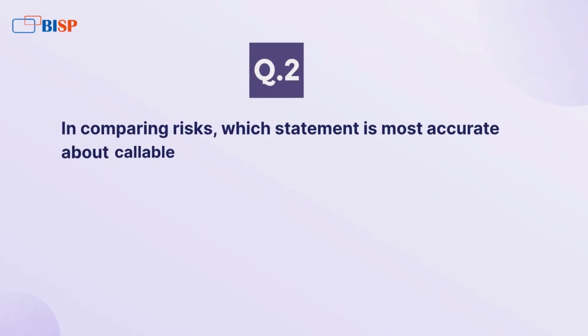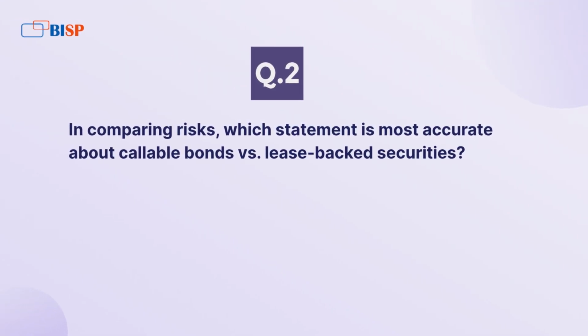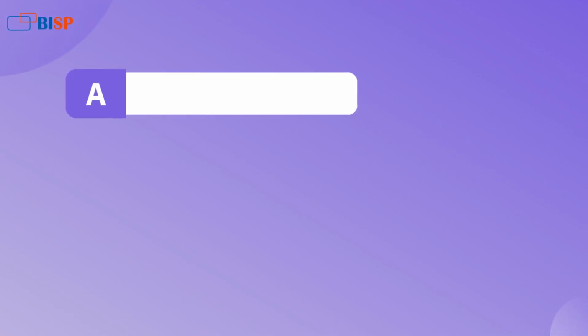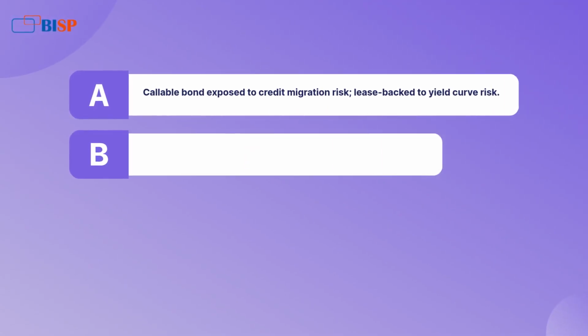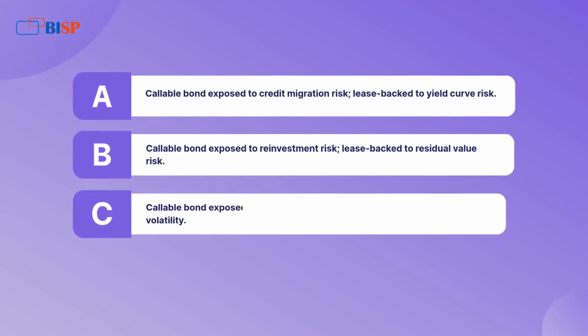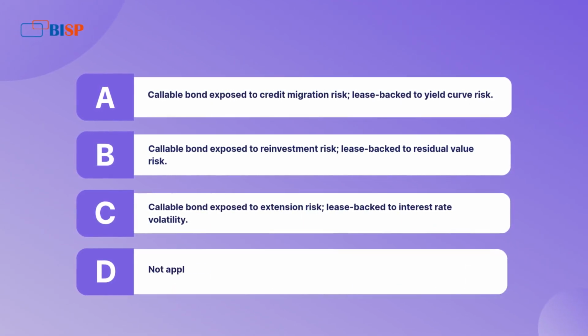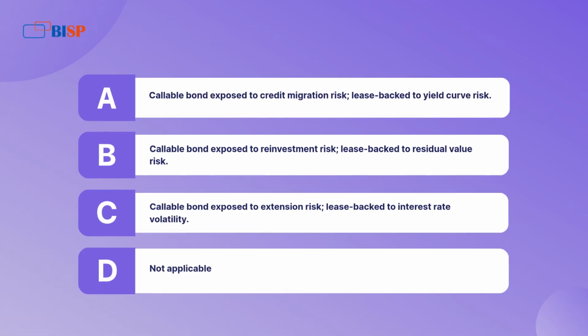In comparing risks, which statement is most accurate about callable bonds versus lease-backed securities? A. Callable bond exposed to credit migration risk, lease-backed to yield curve risk. B. Callable bond exposed to reinvestment risk, lease-backed to residual value risk.